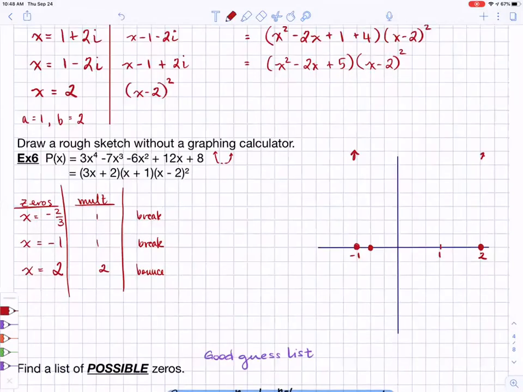Okay, so let's come down to the first 0. When I come down to the first 0, am I going to break through or am I going to bounce off of it? Break through. Okay. When I get to my next 0, the negative 2/3, breaker or bouncer? Breaker. And then when I get all the way over to my last zero, the x equals 2, break or bounce? Bounce.